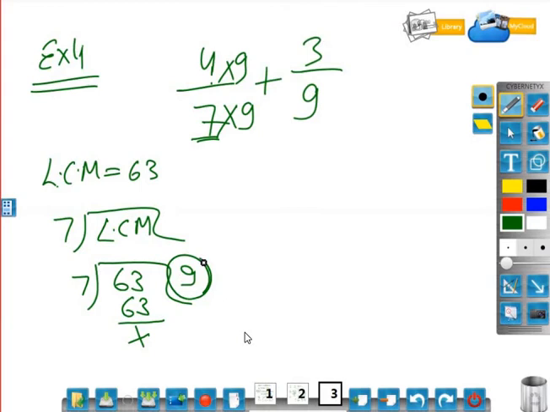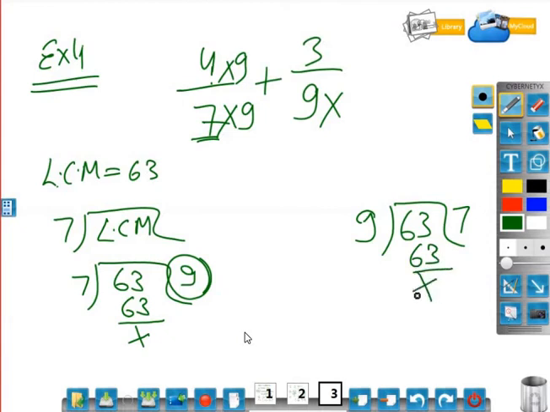In this way we come to know by which number we have to multiply. Now in case of the second one, by what number do I multiply this? So divide the LCM by 9. 9 times 7 is 63. So we need to multiply this by 7.